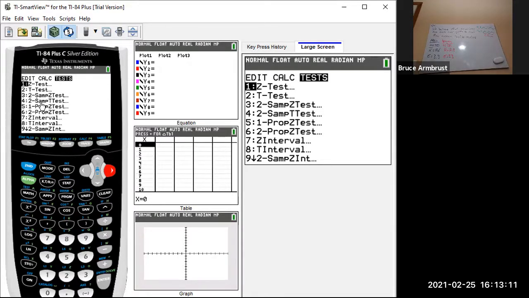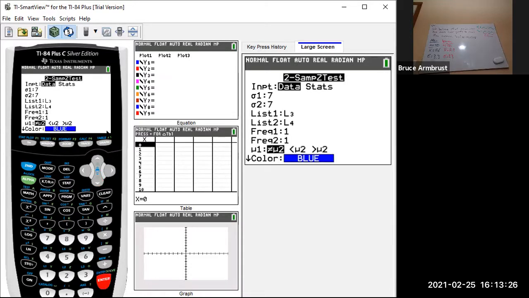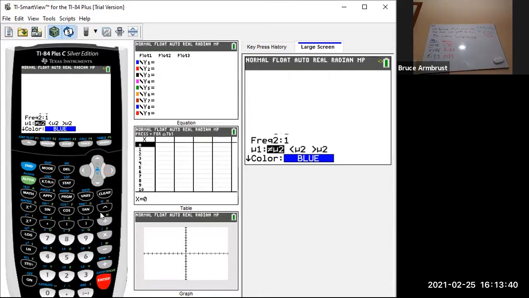So we're going to come to our calculator and arrow down because we're going to do a 2-sample Z test. Now, this one, we're not going to use data because we don't actually have the 50 different results for the men and the 50 different for the women, but we do have their stats. So we'll arrow over, hit enter.